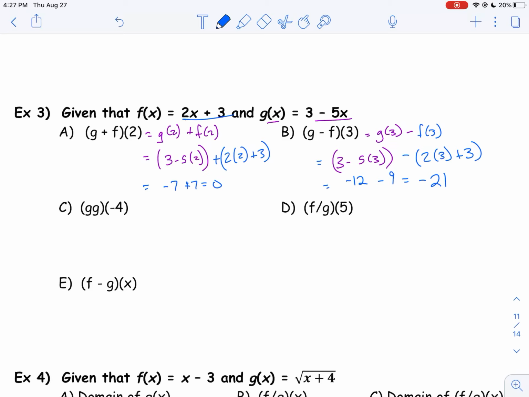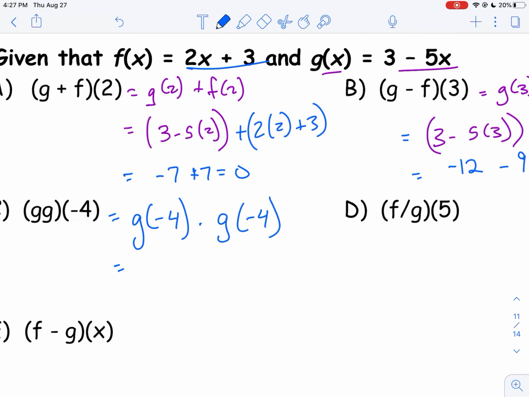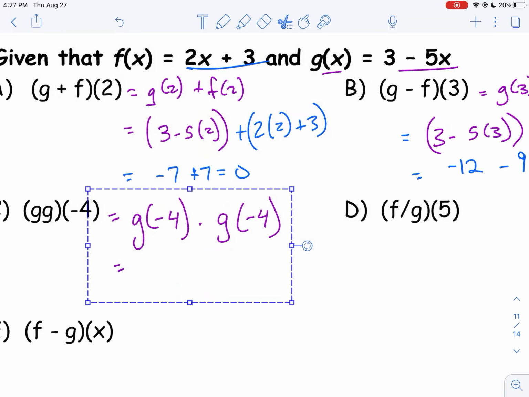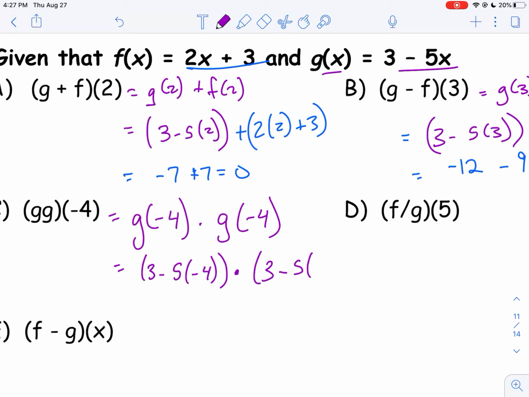What does that mean? You got this. G of negative 4 times g of negative 4. We know g is supposed to be purple though, right? Ta-da! Here we go. G, we've got 3 minus 5x, and x is negative 4.